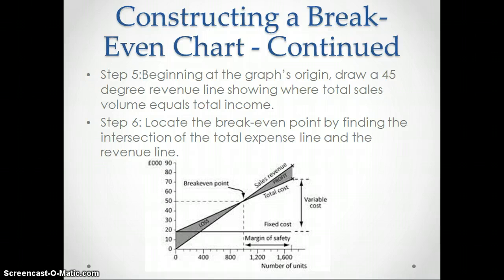Again, your break-even. Locate the break-even point by finding the intersection of the total expense line and the revenue line. And here is a picture of what a break-even chart looks like. This is in pounds. However, of all the examples I saw, this was by far the best one and the closest to what was spoken on in the previous slides.